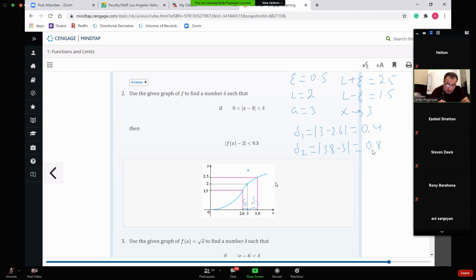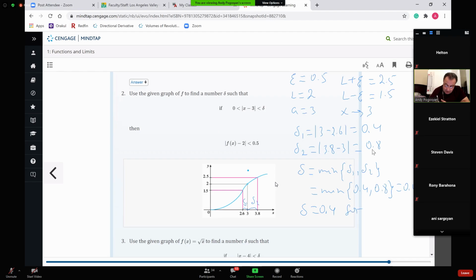Now use the given graph to find the number delta such that this works for us. For us, delta should be the minimum of delta 1 and delta 2, which is the minimum of 0.4 and 0.8, so we choose 0.4. So delta equals 0.4.